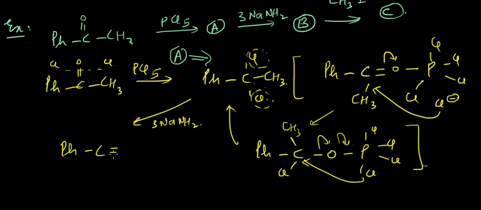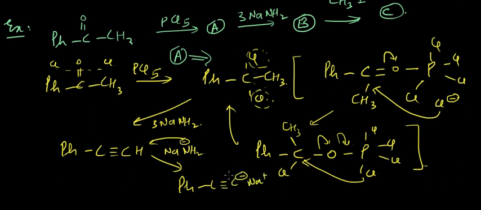The last remaining NaNH2 will again attack to remove this H atom. So we would have something like C minus Na plus as our B product.